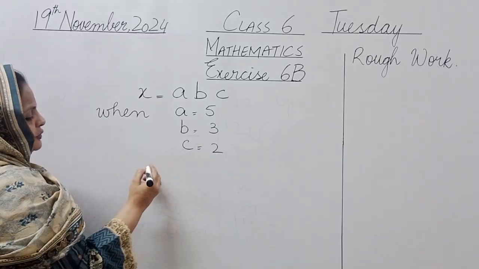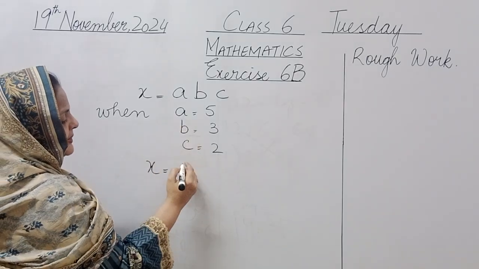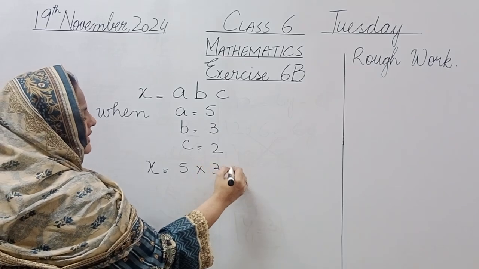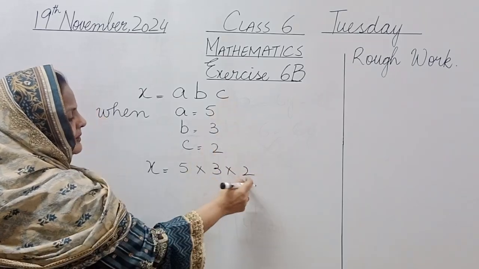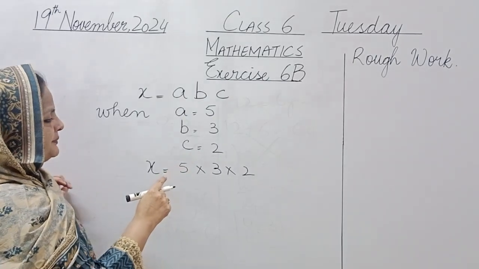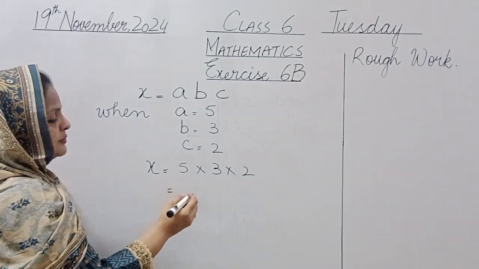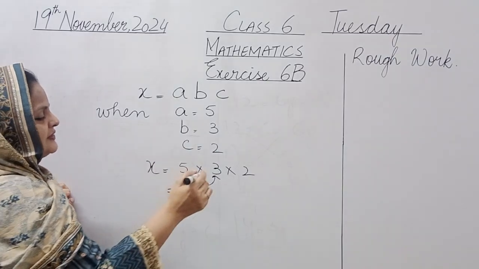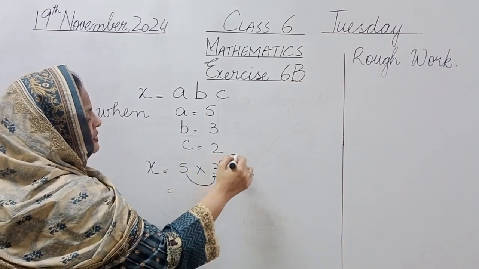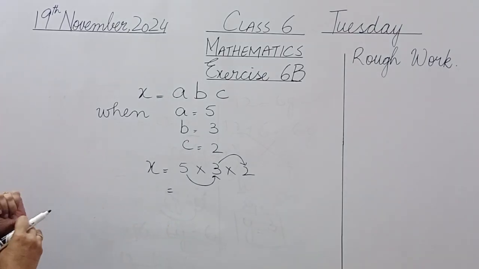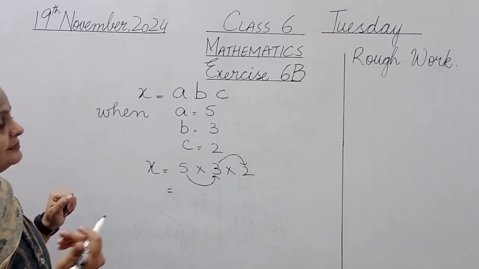Now see the solution. x is equal to a की जगह पे हम लिखेंगे 5, b की जगह पे 3 and 2 replacing c because value of c is 2 here in the data which we have provided. Now we are going to multiply them. 5 3s are 15, very good. And 15 twos are 30.